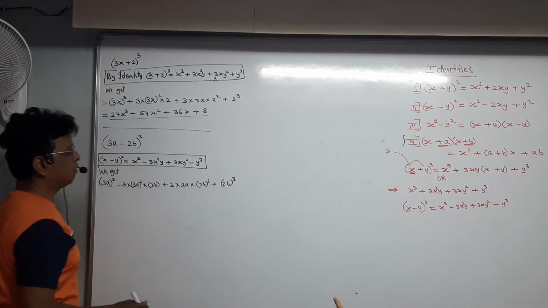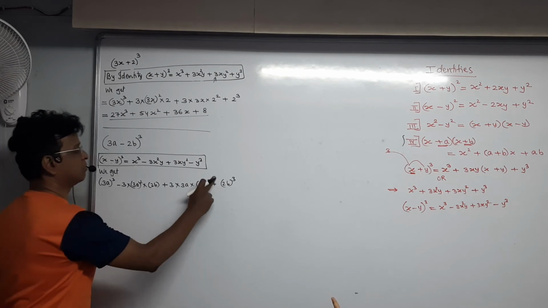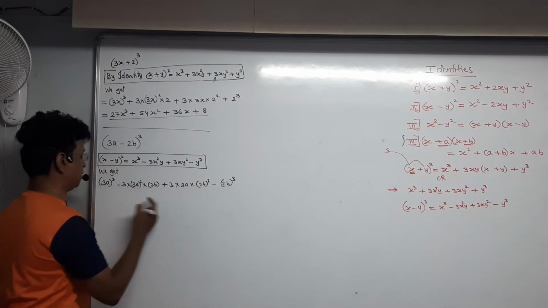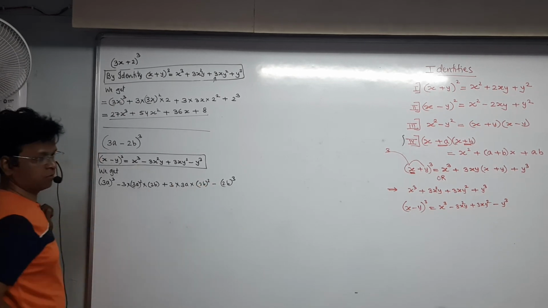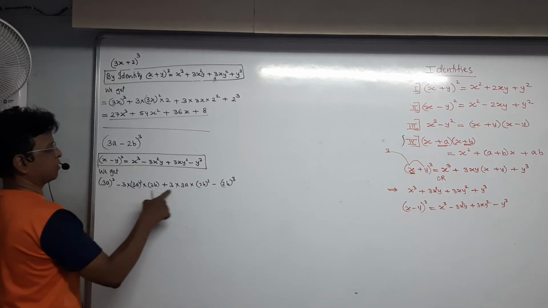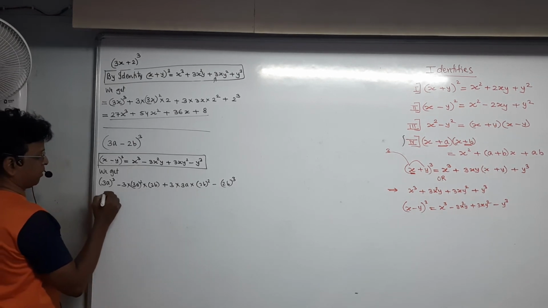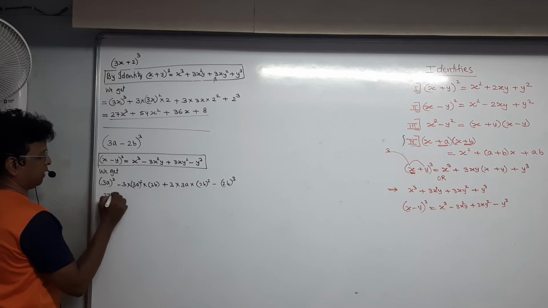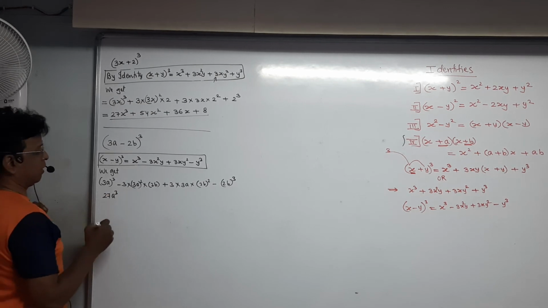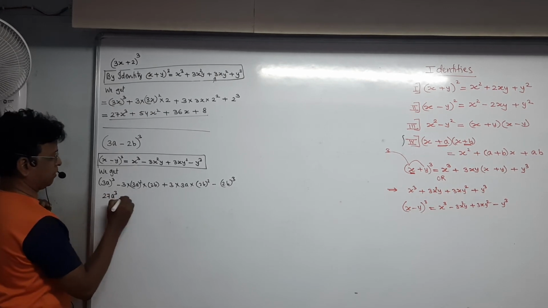So it is plus or minus: minus, plus, minus, plus. This will become 3 3s are 9, 3 9s are 27a cube.